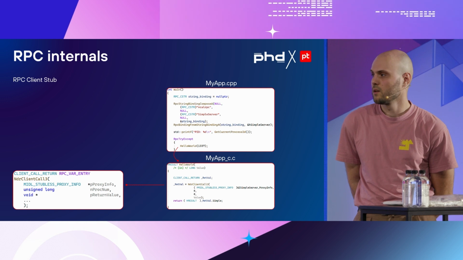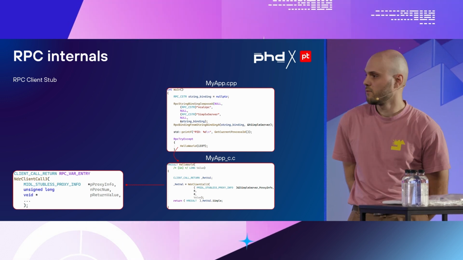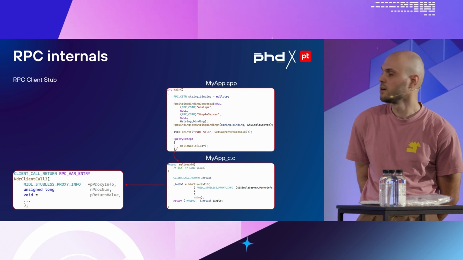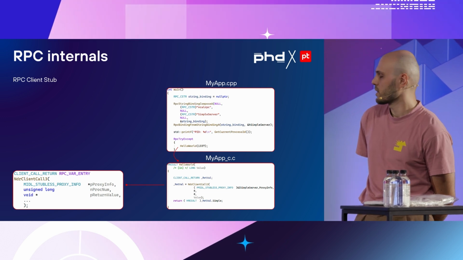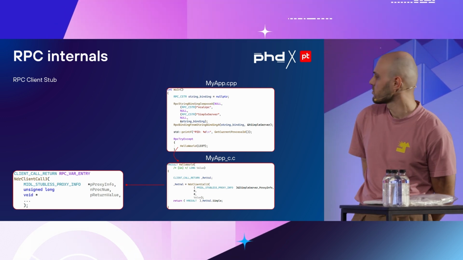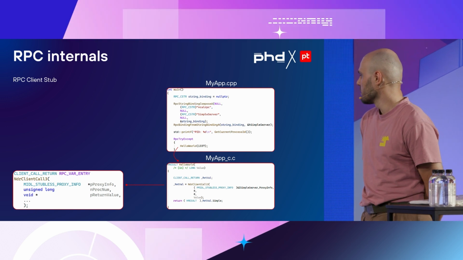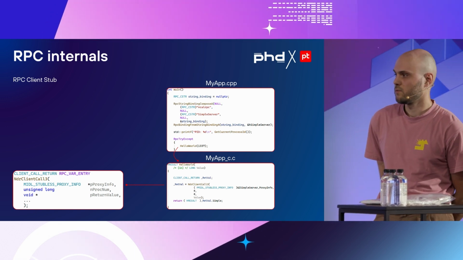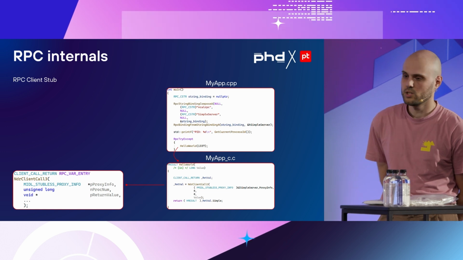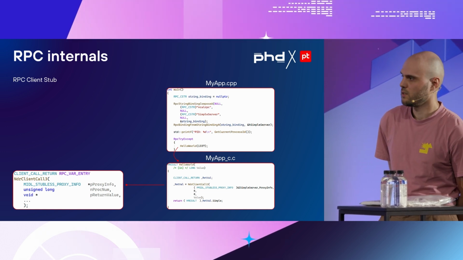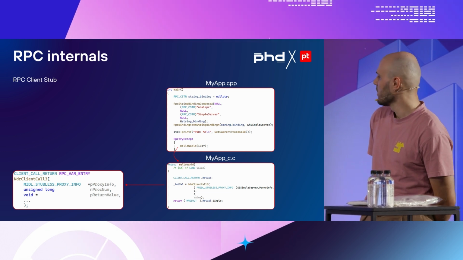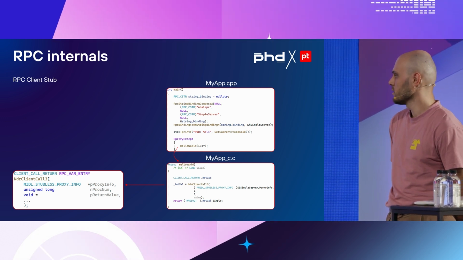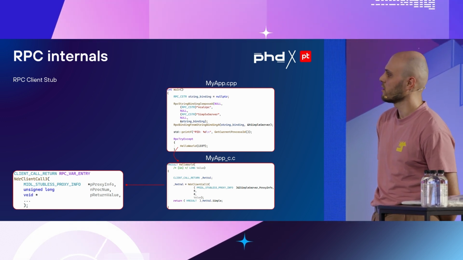But if you have a look at where this function is located, it's in a file generated by the MIDL compiler that just proxies the arguments into the NDR client call. And that function, which is a function of the RPC runtime, receives the arguments.